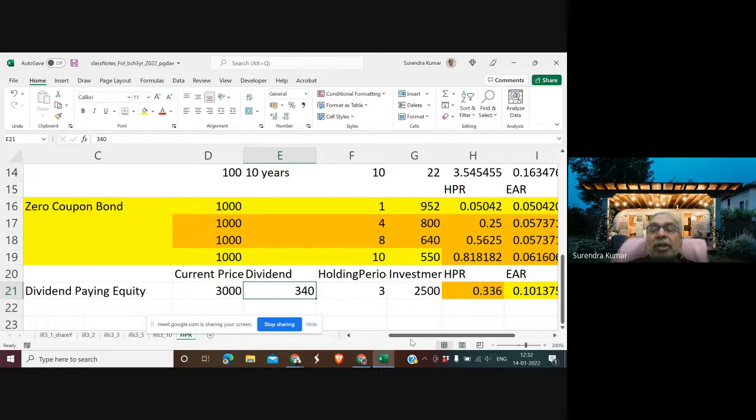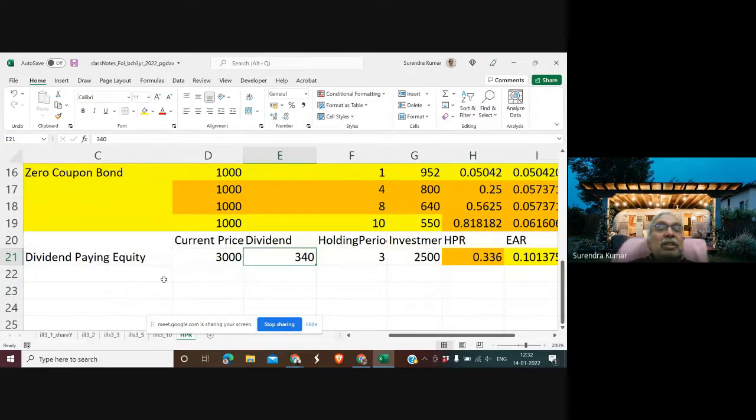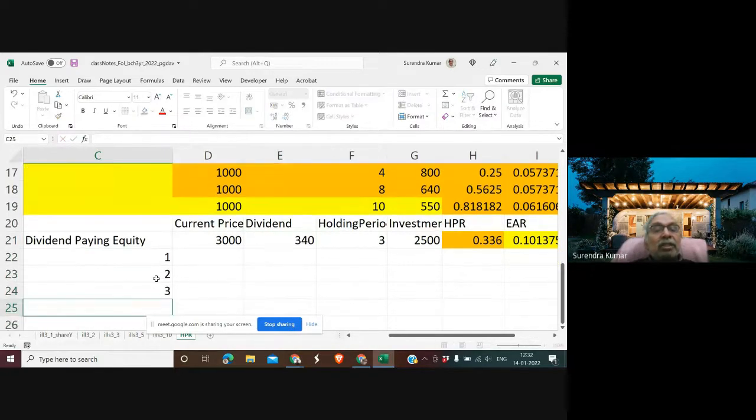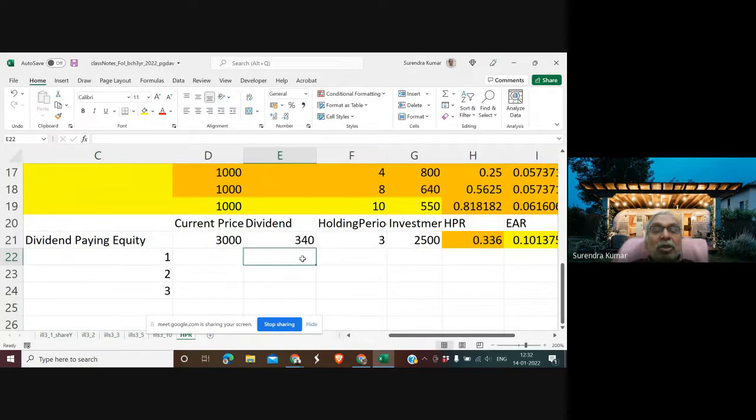There is a possibility that over the 3 years, which I write here as 1, 2, and 3, let's say in the first year you got 100 rupees dividend, in second year you got 80 rupees dividend, and third year you got, let us say, 100 rupees.